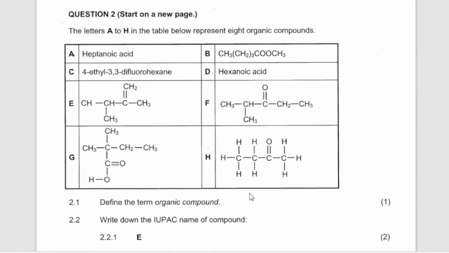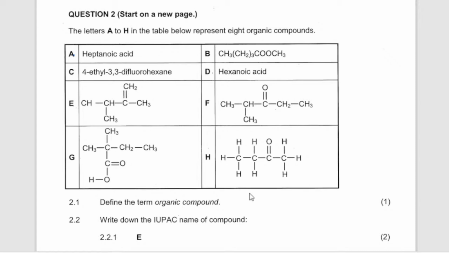Define the organic molecule. Basically, organic molecules are compounds with one or more carbon atoms that are covalently linked to one another, or with another element. So an organic compound must contain carbon atoms.